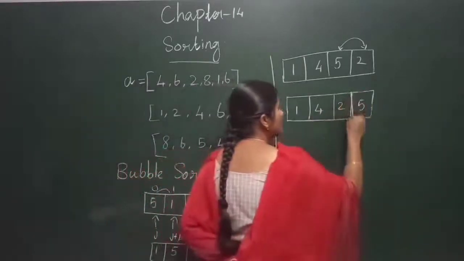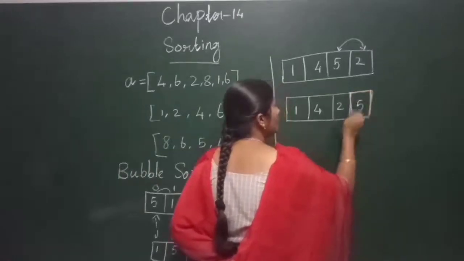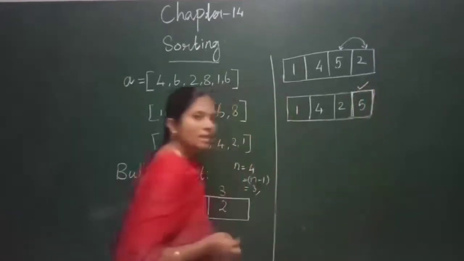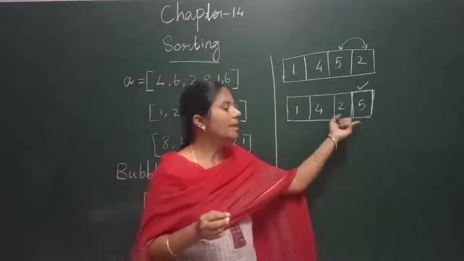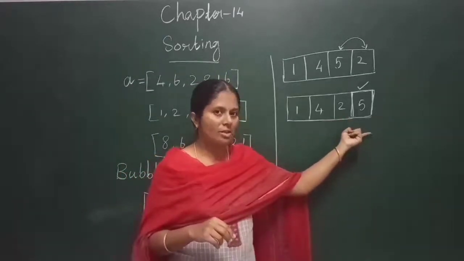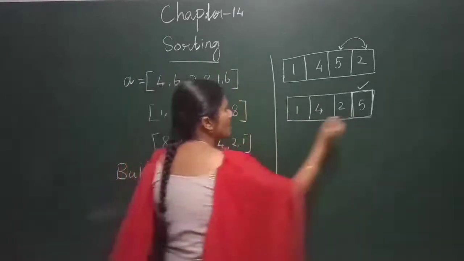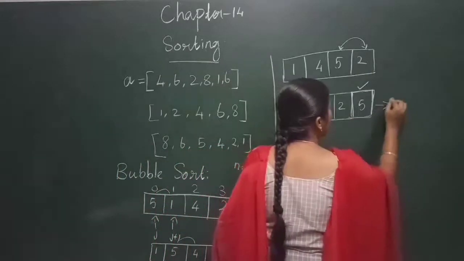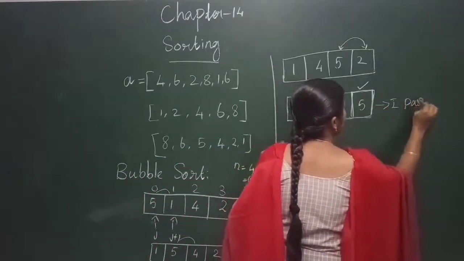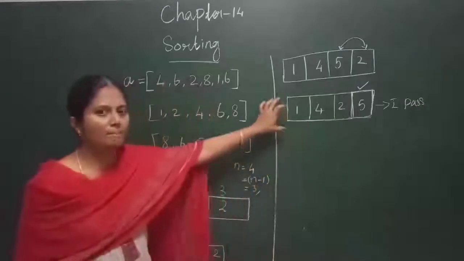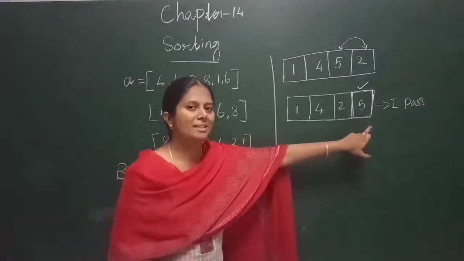This is the first iteration completed. The largest value, 5, came at the last. This is called the first iteration or first pass. In the first pass, the largest element has come to the end.